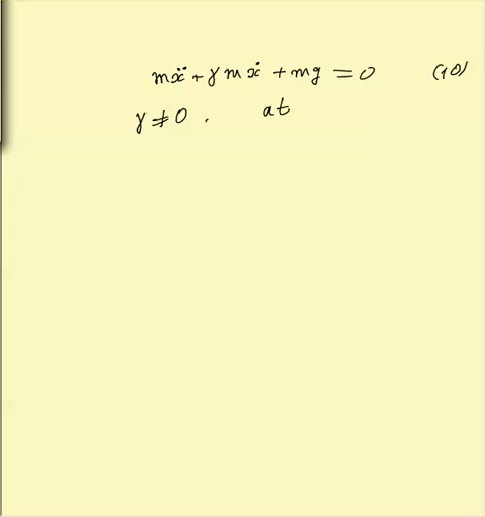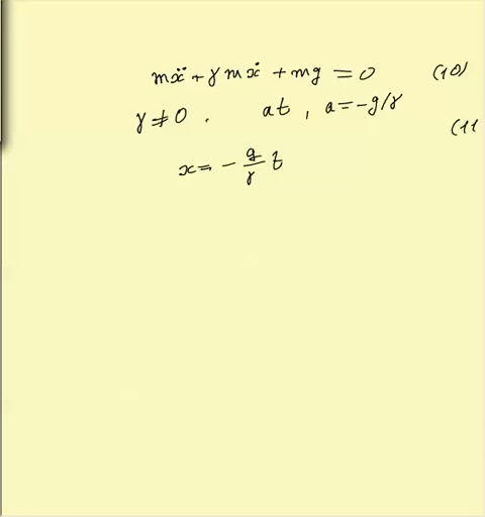Substitute it in equation 10 and obtain that a equals minus g divided by gamma. Therefore, the particular solution of equation 10 is the following: x equals minus g divided by gamma times t. Equation 11.